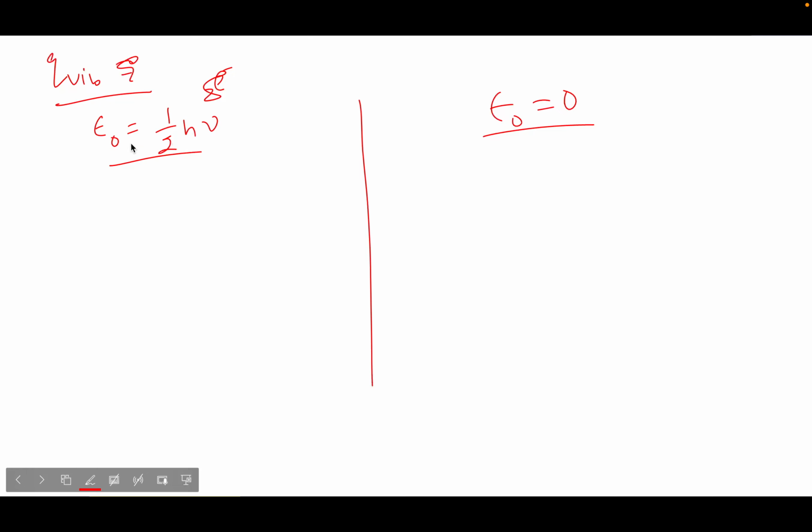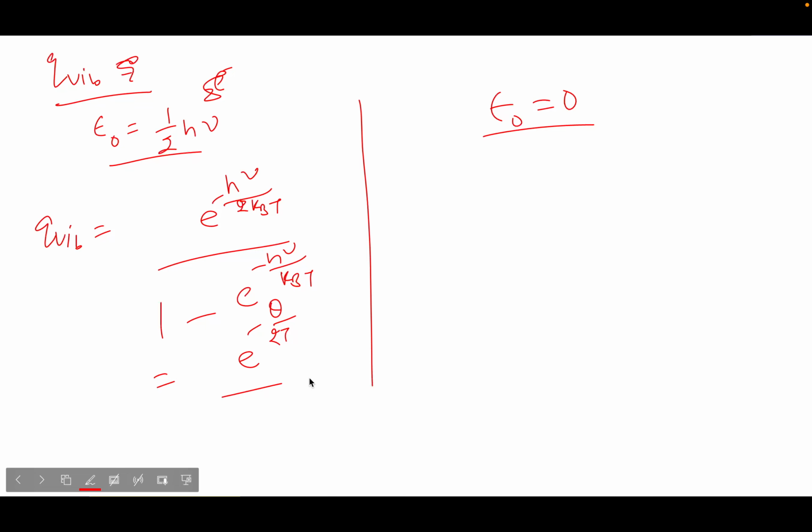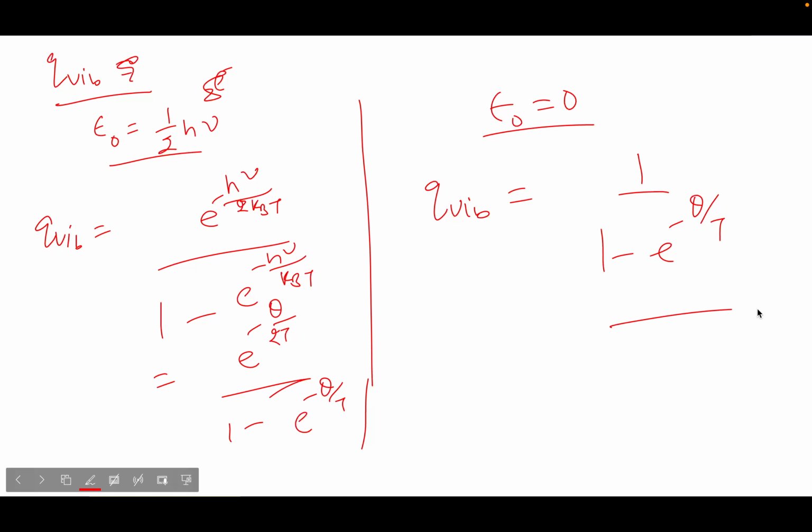If we take the exact zero point energy, that is half h nu, then Q vibrational is equal to e to the power minus h nu by 2 kBT divided by 1 minus e to the power minus h nu by kBT. We can write it as e to the power minus theta by 2T divided by 1 minus e to the power minus theta by T. And if the zero point energy is 0, then Q vibrational will be 1 over 1 minus e to the power minus theta by T. That's it, where theta is h nu by kB.